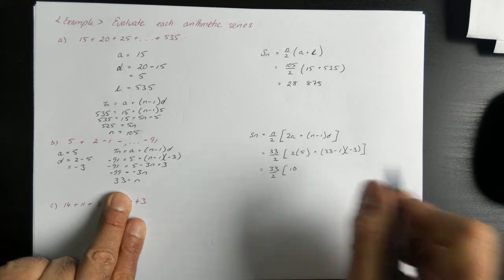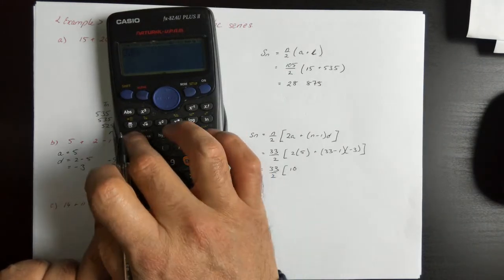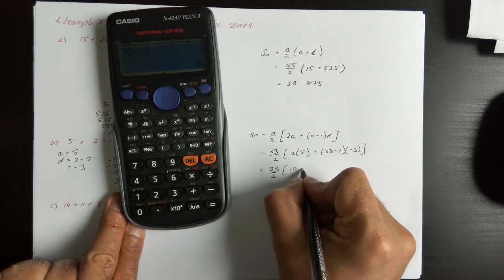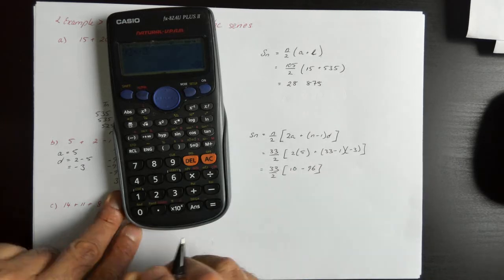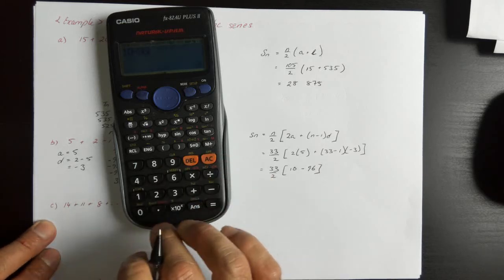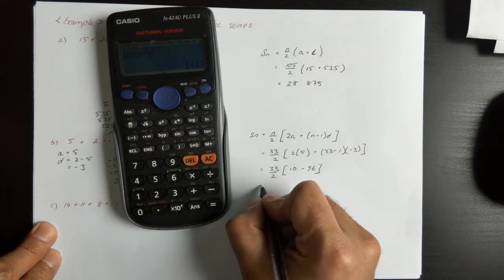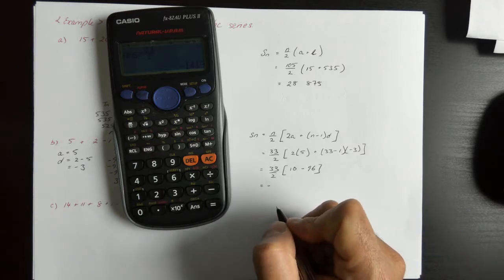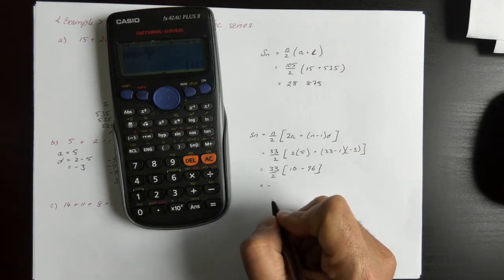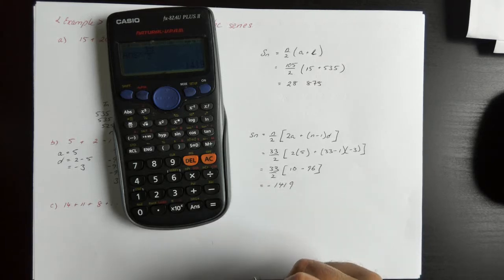That becomes 32 times by negative 3 is negative 96. So 10 minus 96 times it by 33 on 2, I get negative 1,419.